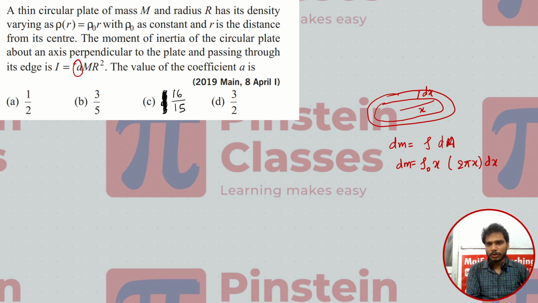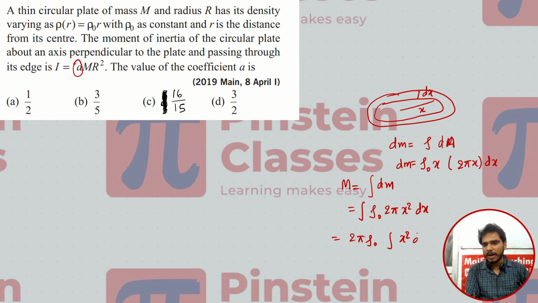So the total mass is M. So it will be the integration of dm. So rho naught 2 pi x square times dx. We will take 2 pi rho naught common. So x square times dx, integration will go from 0 to r.